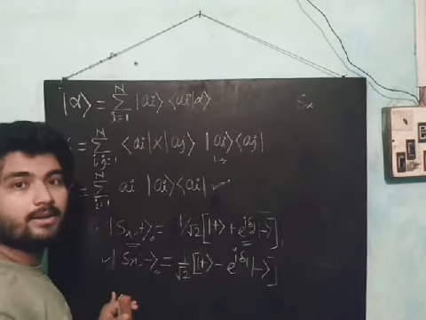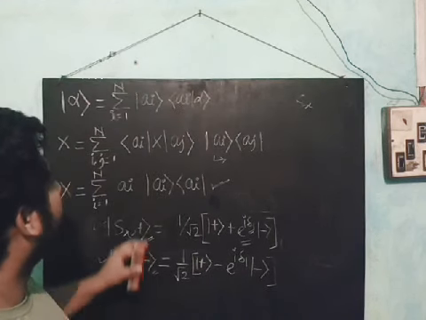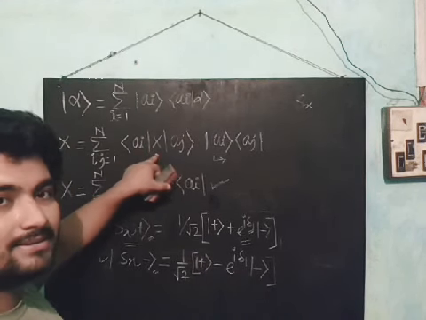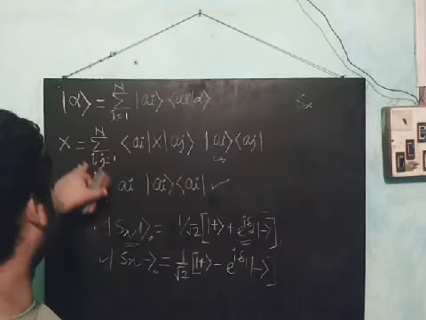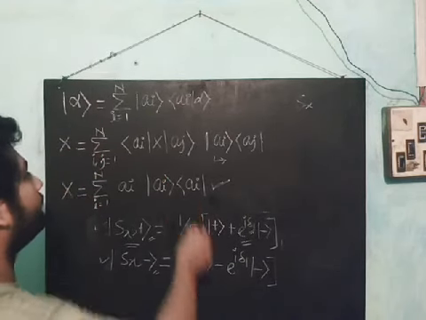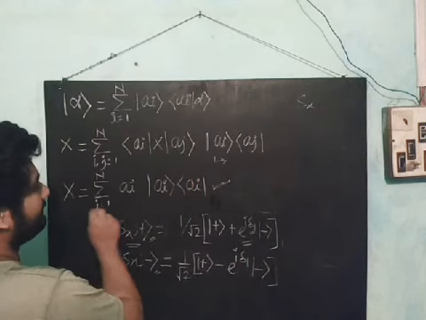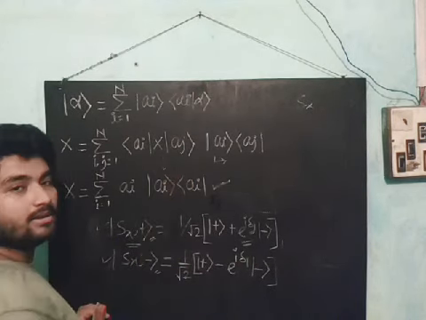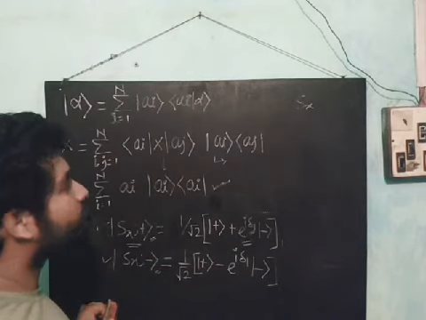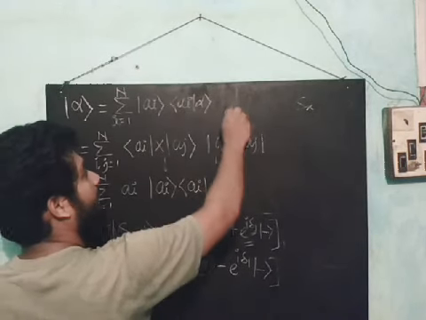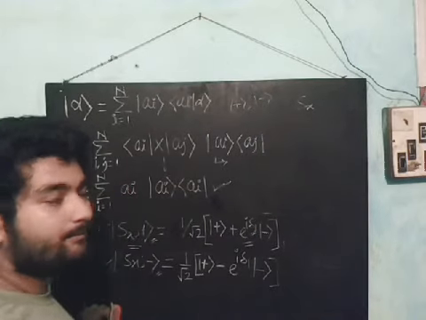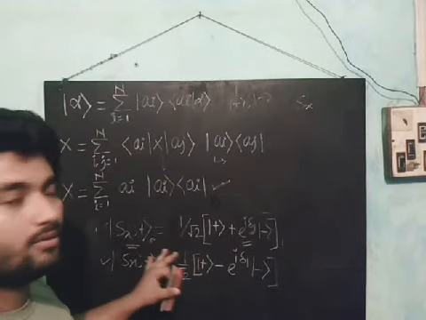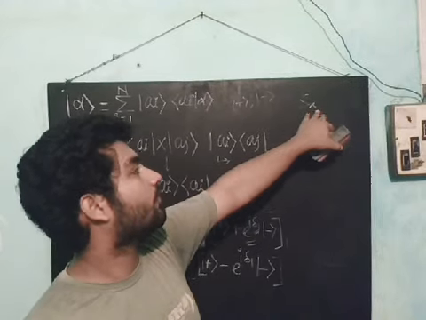If you remember my previous video, when the basis are the eigenstates of this operator, we get this equation from this equation. I can choose positive and negative for the basis here to formulate this.